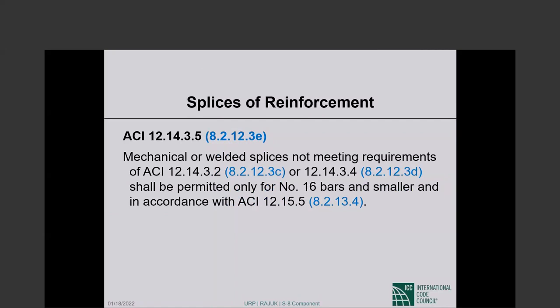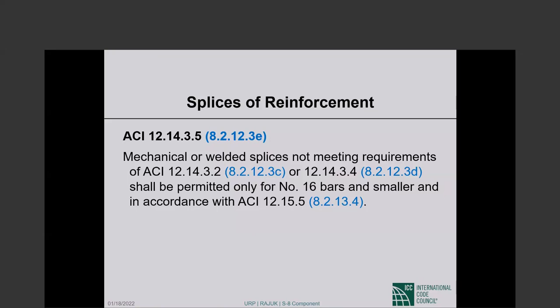So less than full mechanical or welded splices shall be permitted only for number 16 bars and smaller, and in accordance with a section that gives you a number of other conditions. So you cannot just do it willy-nilly. It has to be smaller bars, and there are conditions attached. They're pretty onerous conditions. These less than full mechanical and welded splices have been deleted from ACI several editions ago. We don't have them anymore.